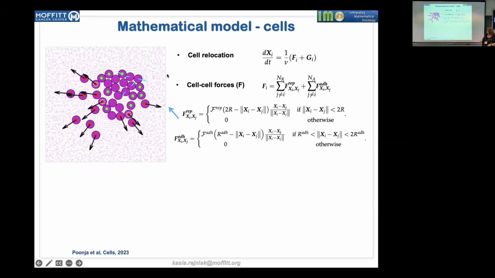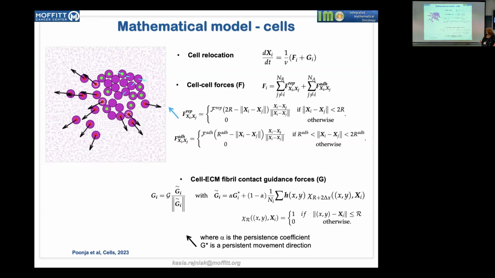And then we have some small adhesion force because we want to form a cluster, and don't want the cells to grow in a random direction when they divide. So we want them to form a more compact cluster. The G forces are the cell-ECM fibril contact guidance forces.